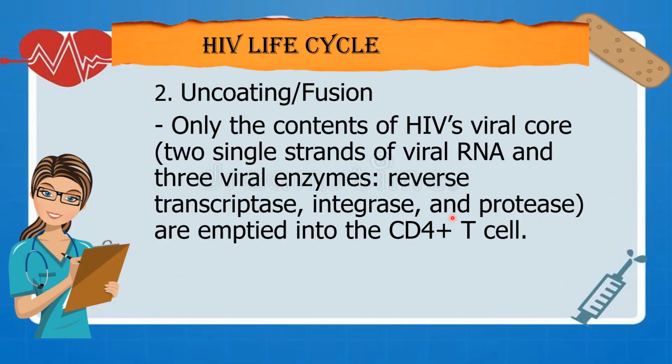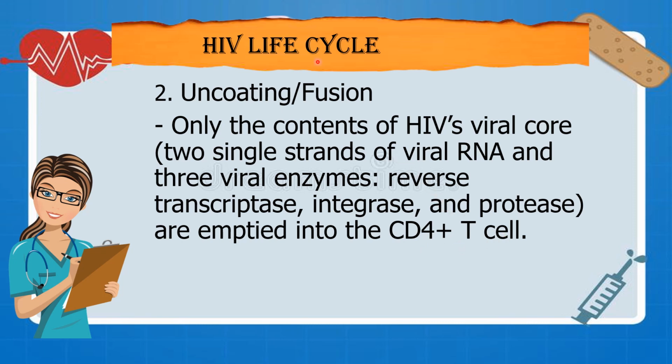The second step is fusion. After the HIV attaches itself to a CD4 cell, the HIV viral envelope fuses with the CD4 membrane, and the contents of HIV's viral core are emptied into the CD4 plus T cell.